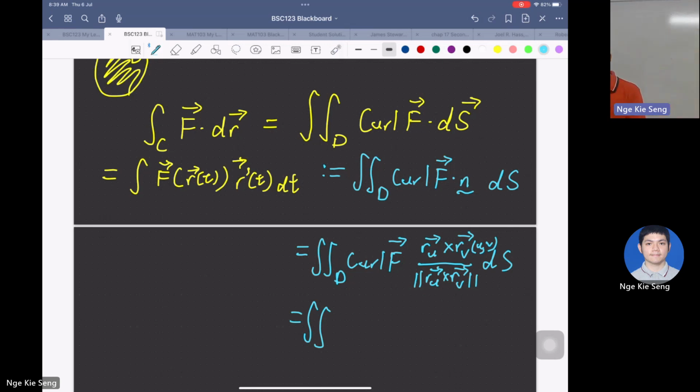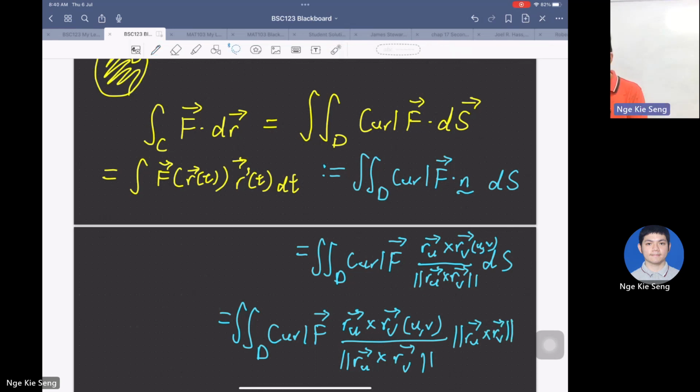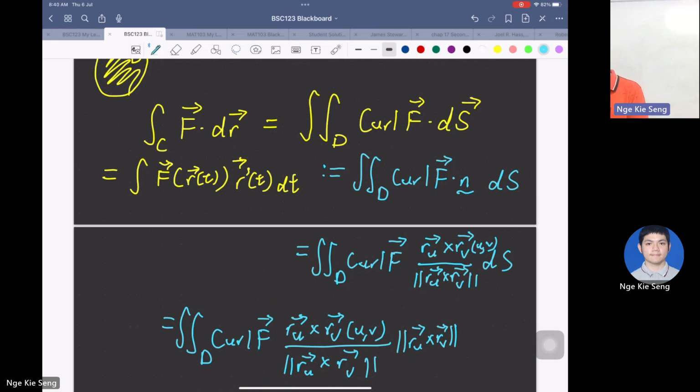So if we change our domain back to the flat region, we need to introduce the length of the cross product, or the area of the parallelogram, and then we write dA.